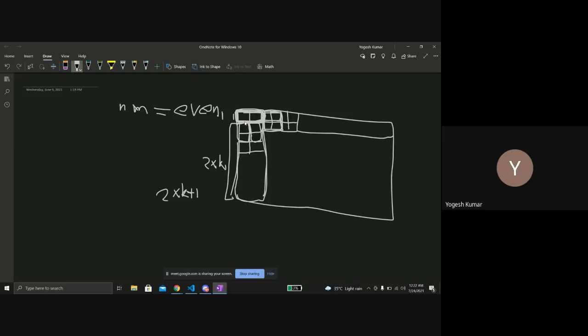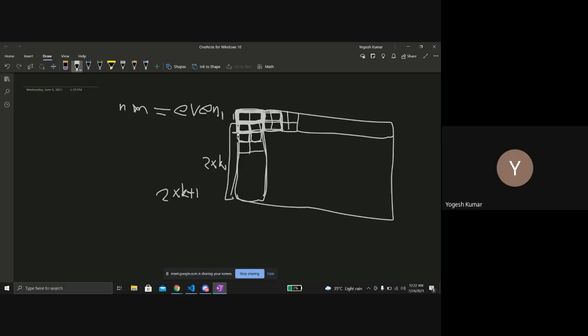Are you not able to understand that we cannot have an odd number of horizontal dominoes here? I have shown the case for 1 horizontal domino; you can think about it with multiple odd numbers of dominoes. Whenever we have an even number of horizontal dominoes, we can put the next one right below it and cover this 2 by 2 square.